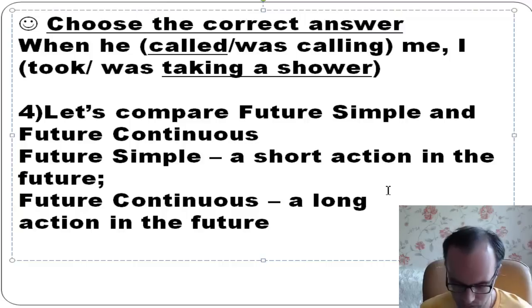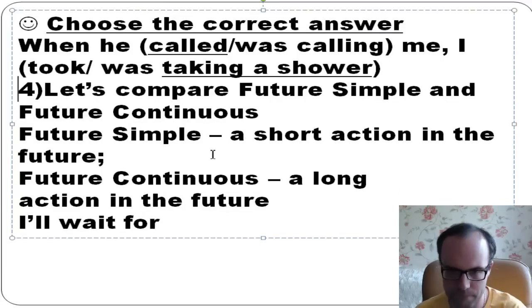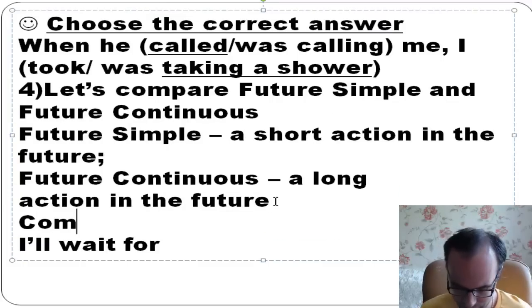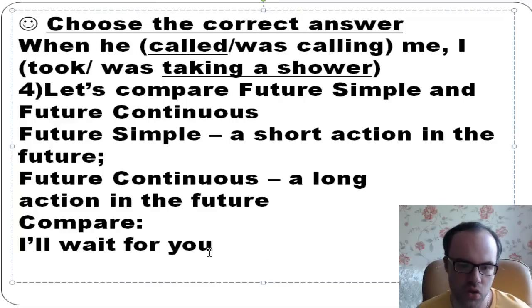Look, compare. I'll wait for you. If you say so, it means that it's a short action, so you'll wait a bit.